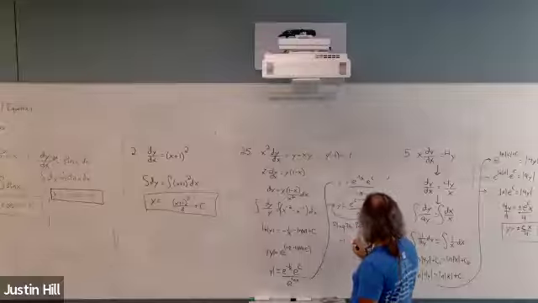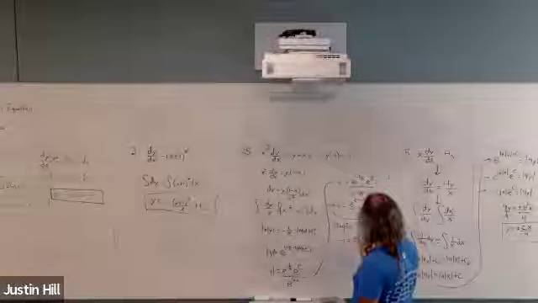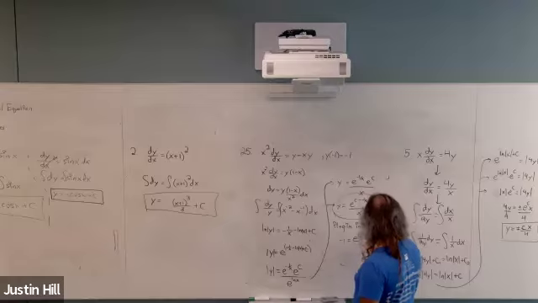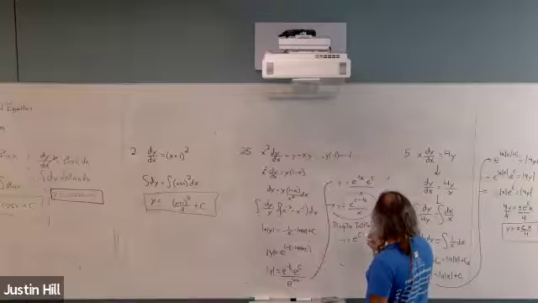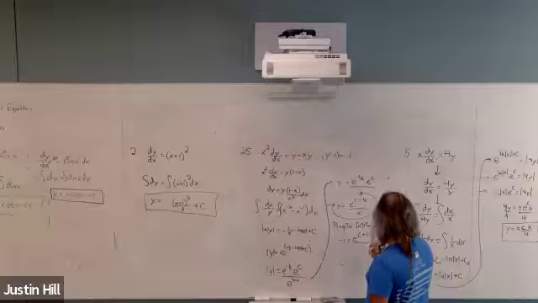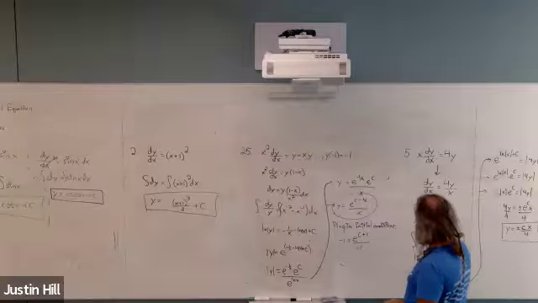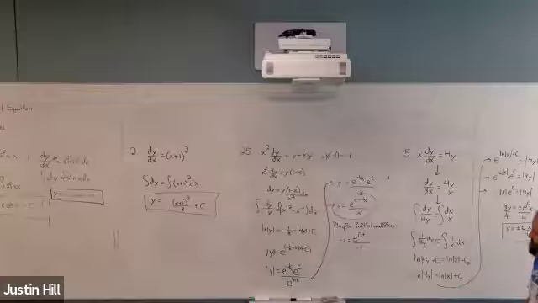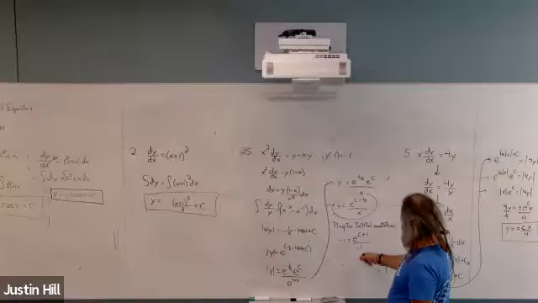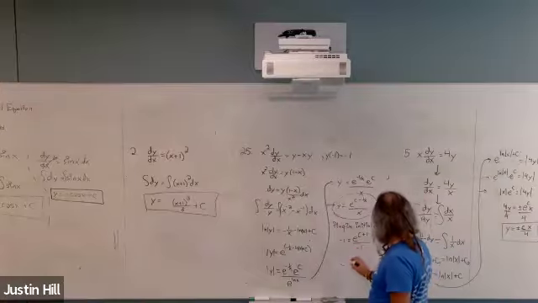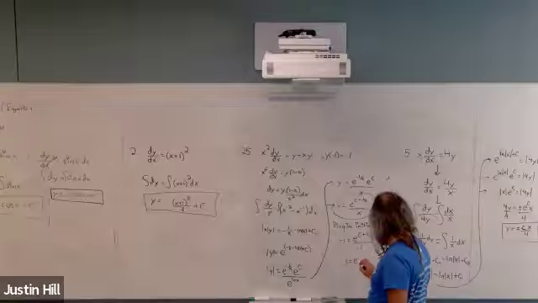So what I end up with is -1 equals e to the c minus 1 over -1, which is -1, so that's really c plus 1, over -1. And then multiply by -1, so we end up with 1 equals e to the c plus 1.